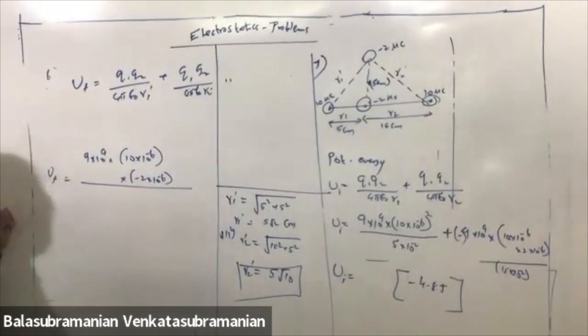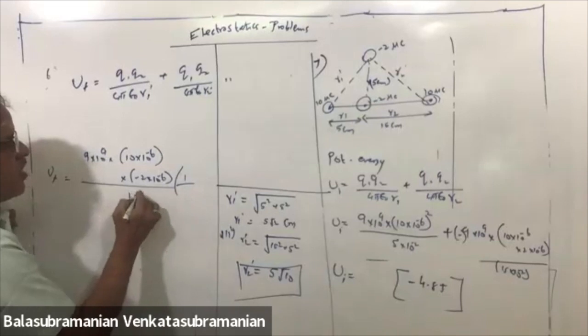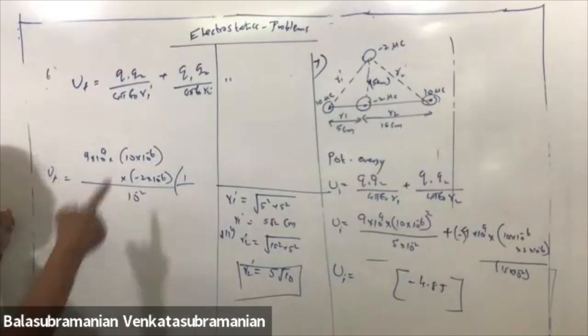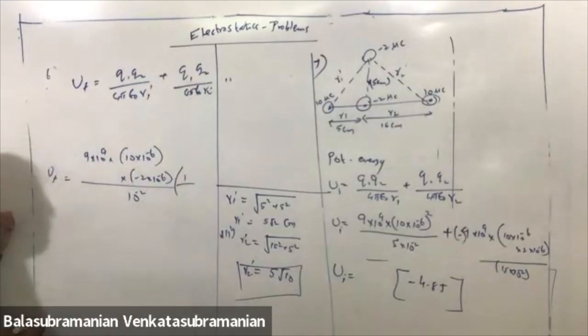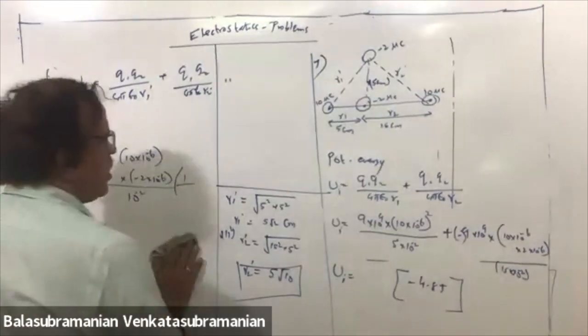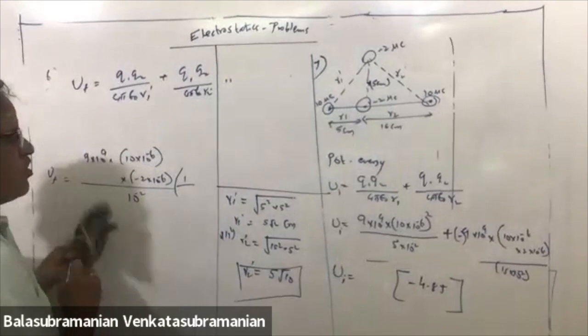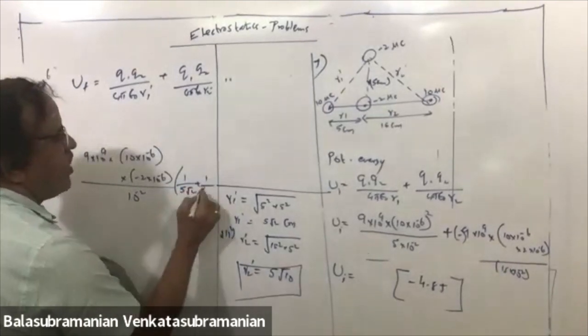Denominator R1 dash, R2 dash, so you can take it common. 10 power minus 2, 1 by R1 dash plus 1 by R2 dash. 1 by R1 dash is what? 1 by 5 root 2, plus 1 by 5 root 10.